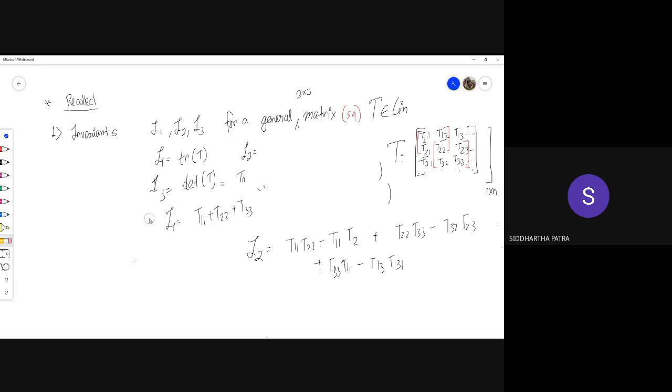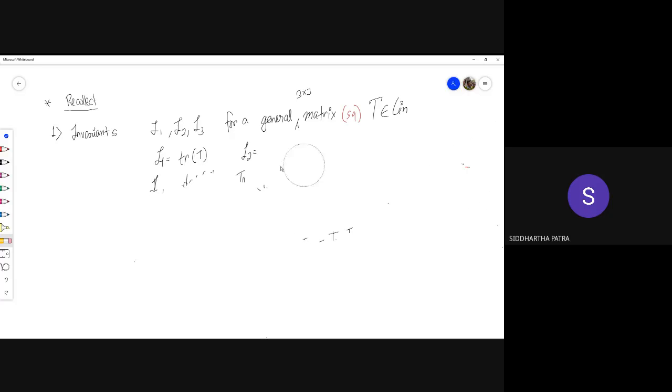So to show that these are actually invariants, let's try this. Let's try I1 being the invariant. For that, we need to start with the basic statement, the basic identity of linear algebra, which is trace of AB is trace of BA.